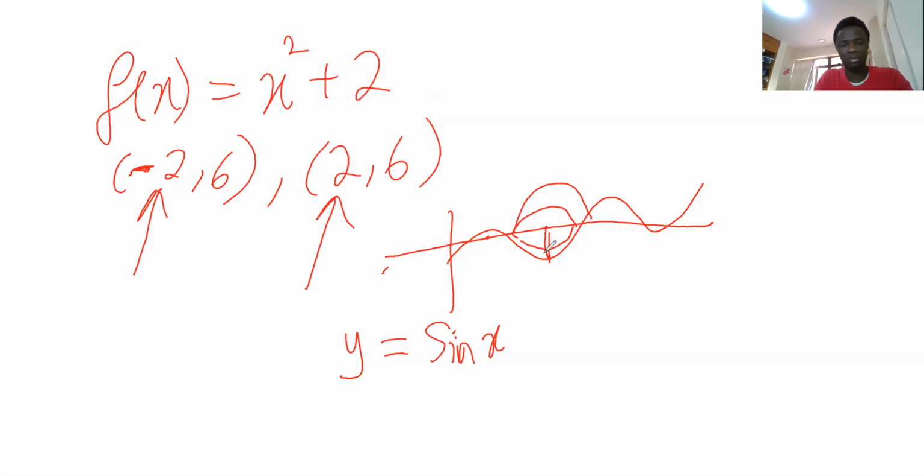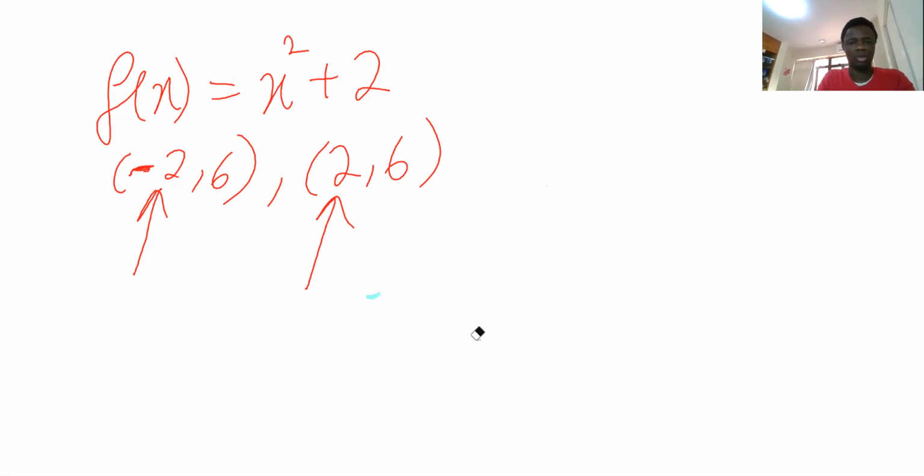Do you understand? Okay. So for every x, you can have two y, and you can have that for different x. If I put a range like maybe from 0 to 360 or from 0 to 90, I can restrict it. Sometimes if it's not a function, you can actually have a restriction on the domain.